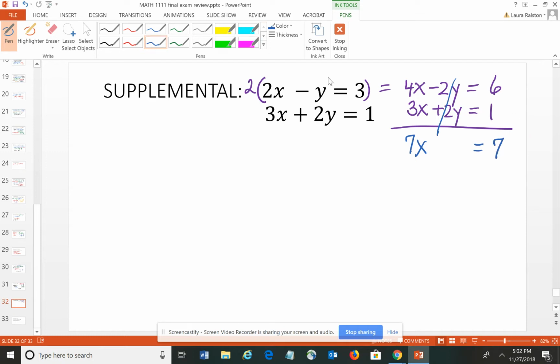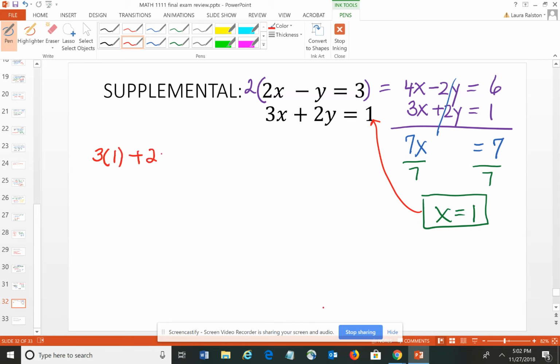If I divide both sides by 7, I find that x equals 1. And then I take that value of 1 and plug it back into one of the given equations. It doesn't matter which one. I'm going to use the bottom one so that I would have 3 times 1 plus 2y equals 1.